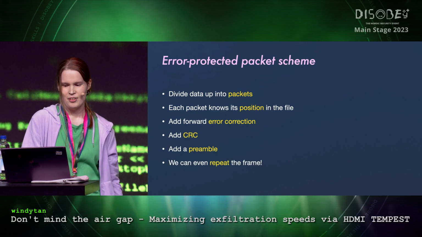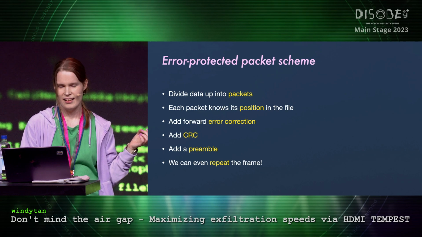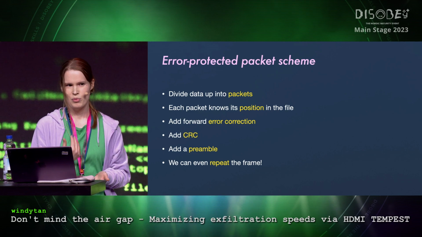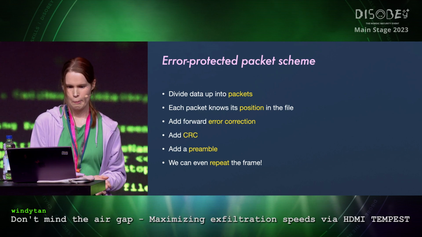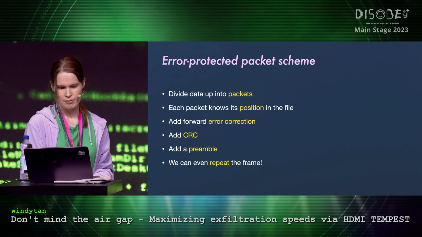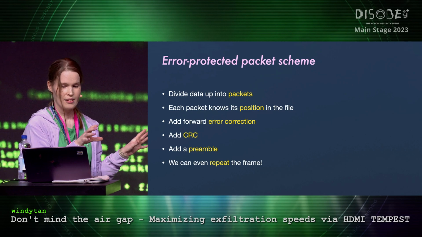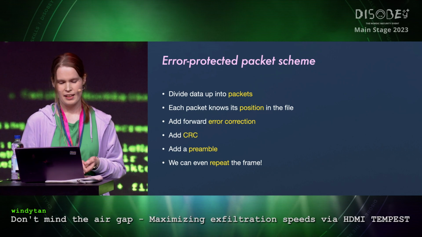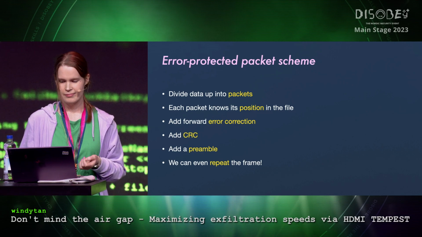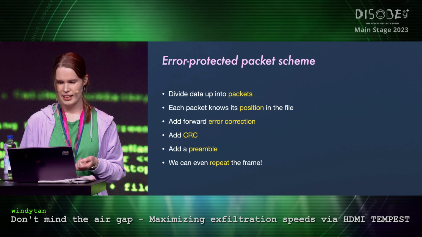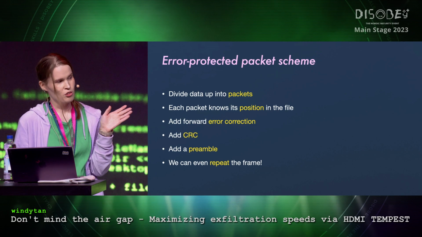And because this is video, we can even repeat every frame to get even more reliability. So if the receiver doesn't get it the first time, it can integrate from 2 frames, and then we get a better signal. It causes some overhead.